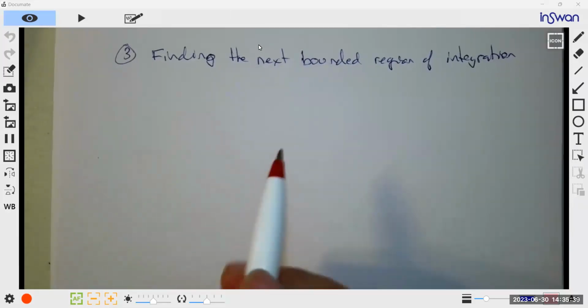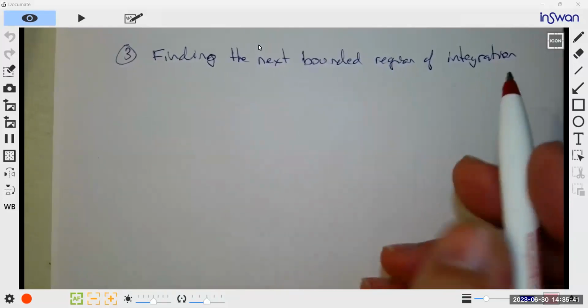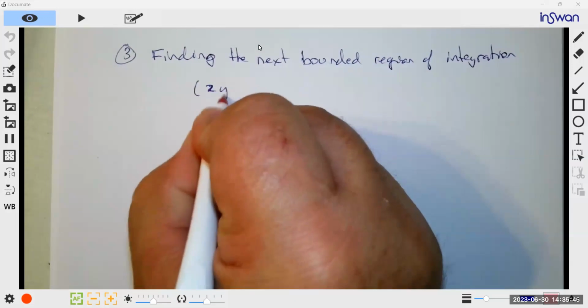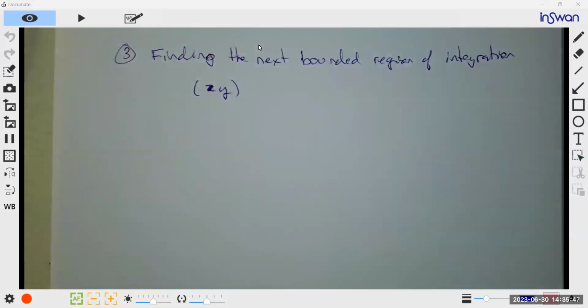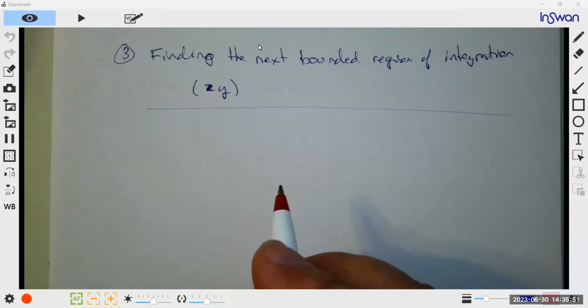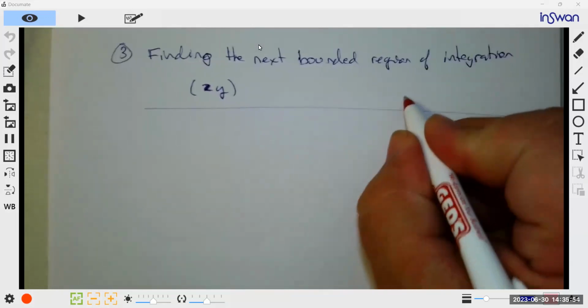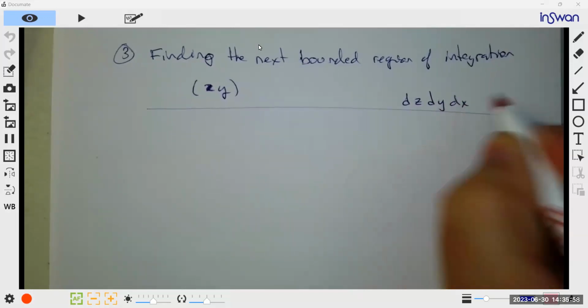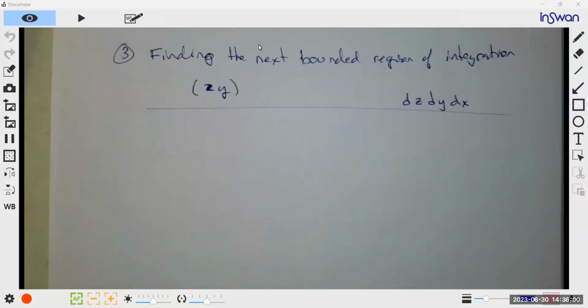Sorry about that. So finding the next bounded region of integration, this is Y. Now, remember, our integration order goes this way.